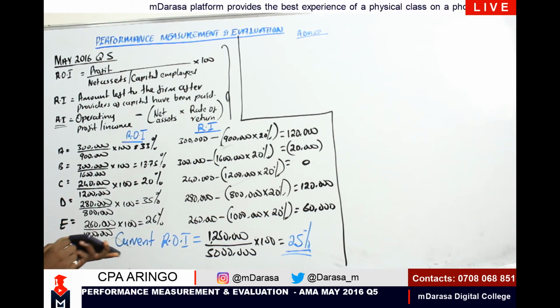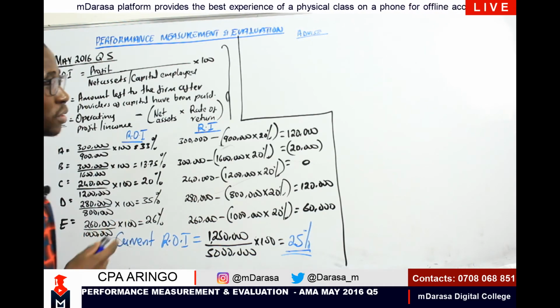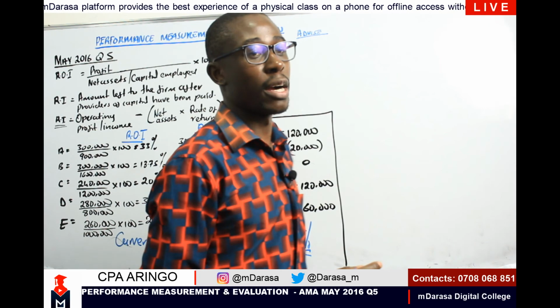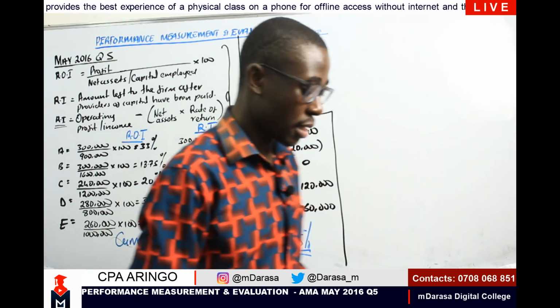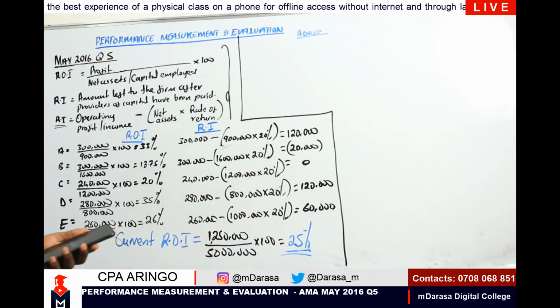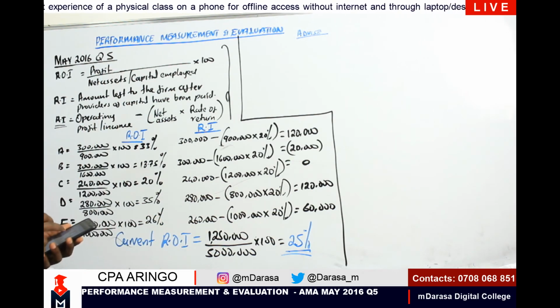So currently, our return on investment is 25%. That is our current return on investment. Having mentioned that, what are we going to consider, my good students?